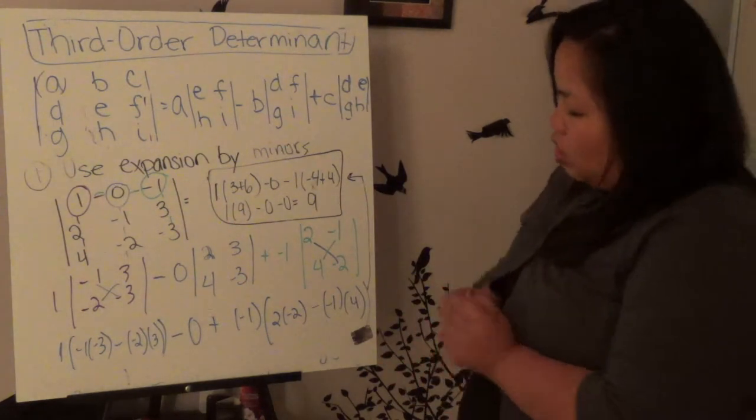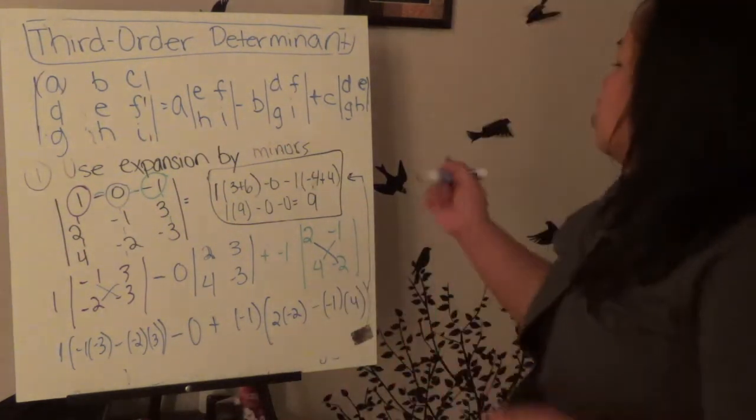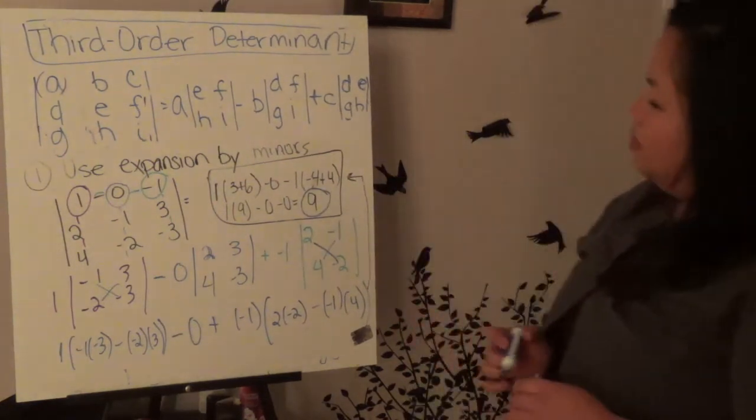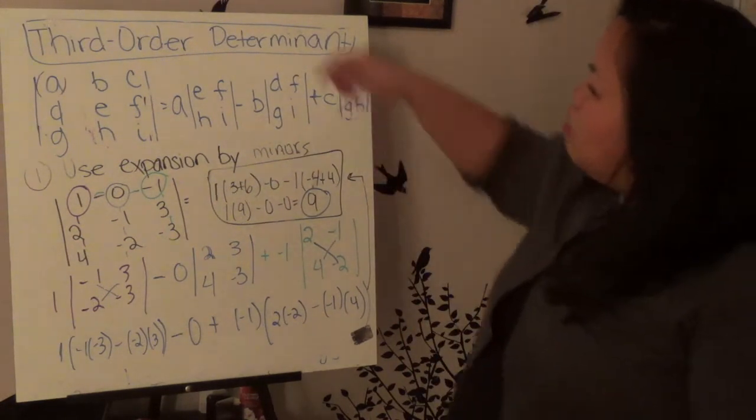So my determinant using expansion by minors is 9. So we're going to do this again, but we're going to try the other method, okay? It's called diagonals.